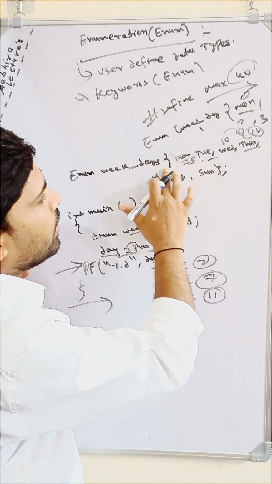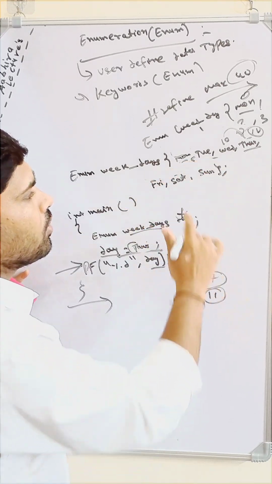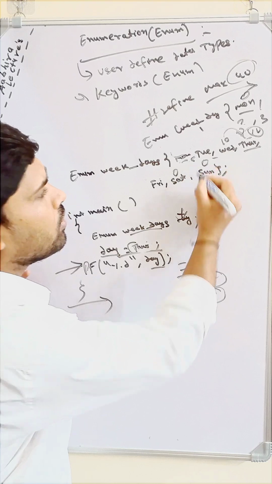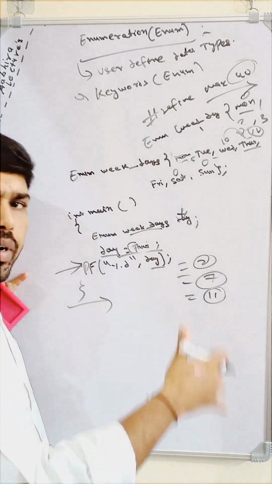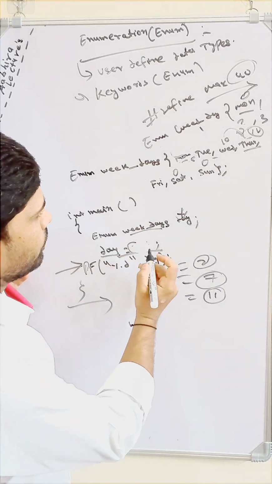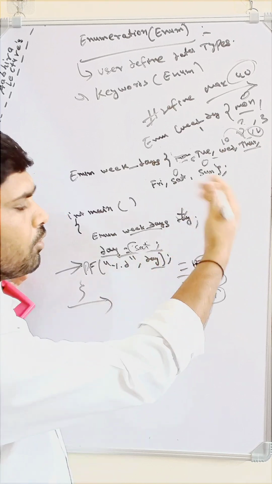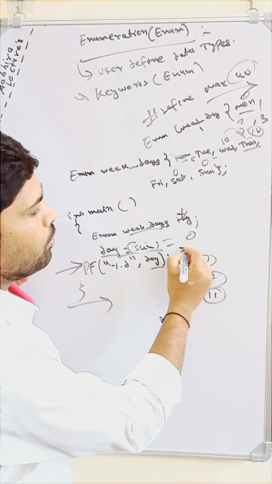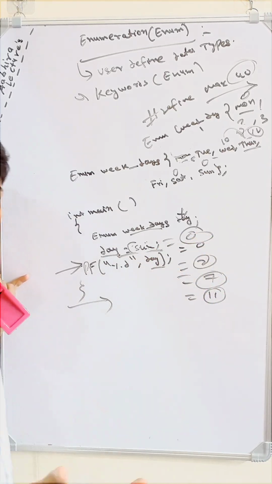We can give the number also, like Saturday equal to 0, Sunday equal to 0. You can print like that. If you print Saturday, it will print 0. If you print Sunday, it will print 0. Like that we can do also.